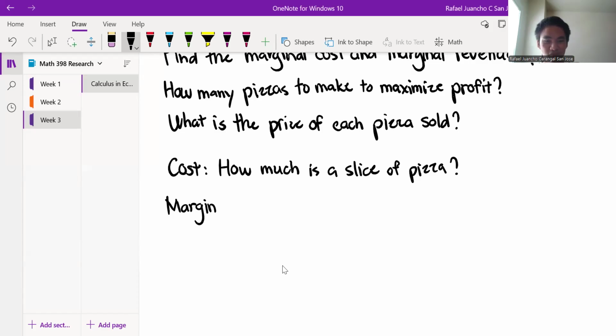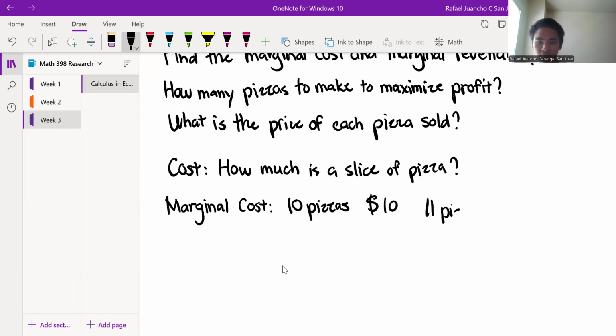And since I Googled this, I can say it's something related to being small. So it's a small cost, but where do we get that small cost from? Well, I'm going to give an example. If we sell 10 pizzas, and let's say each pizza costs $10, and then we sell 11 pizzas, and then each costs now $11.